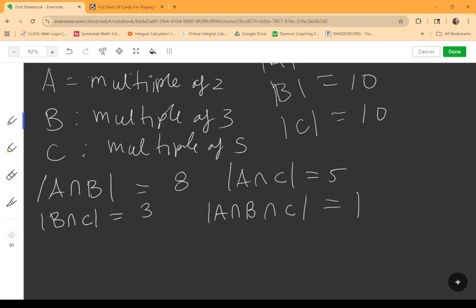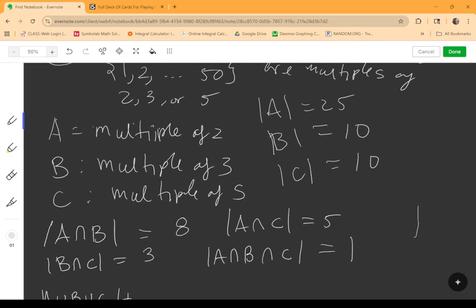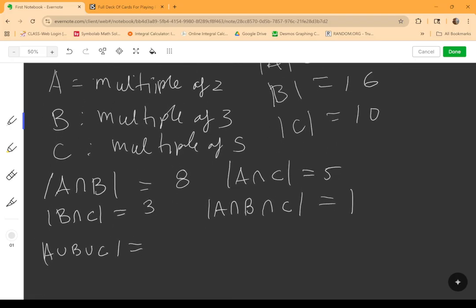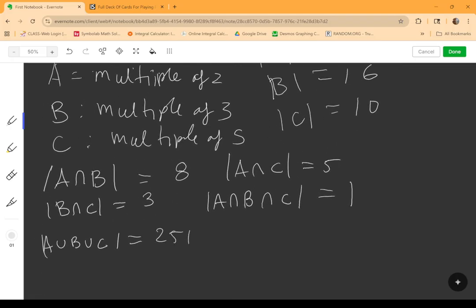Now let's calculate the union, A union B union C. I'll add the cardinalities of A, B, and C, so we'll add 25 plus 16 plus 10.